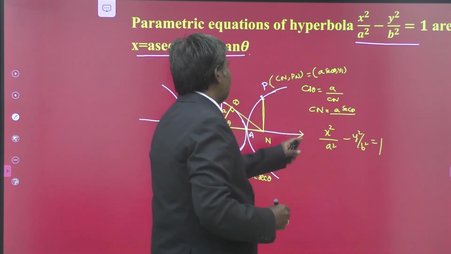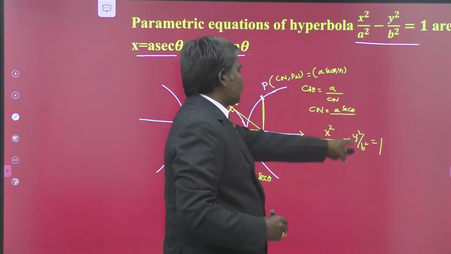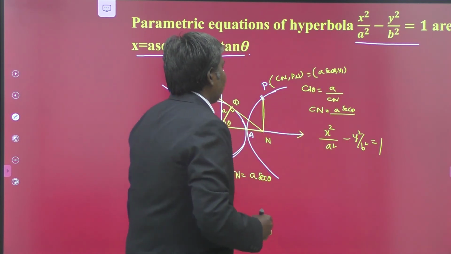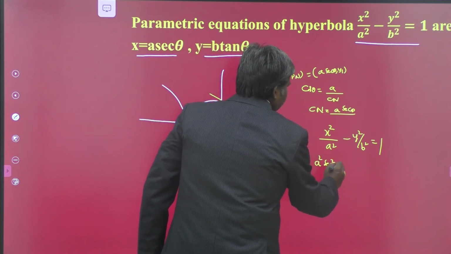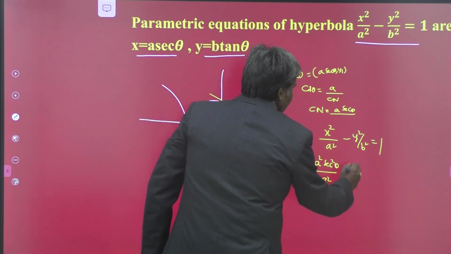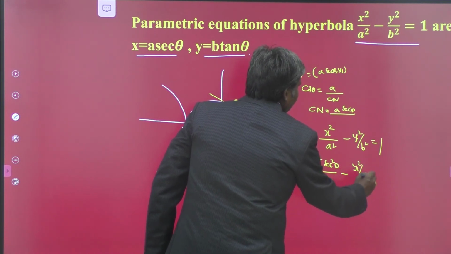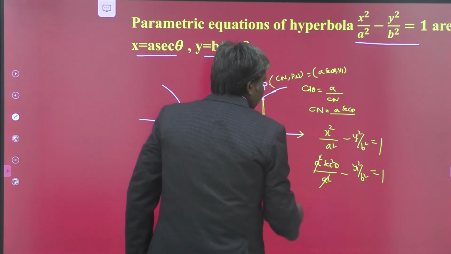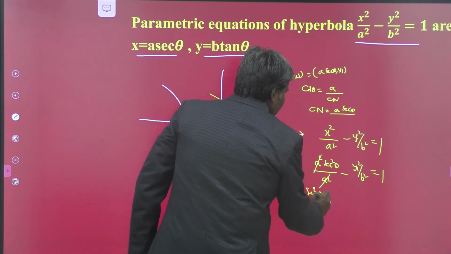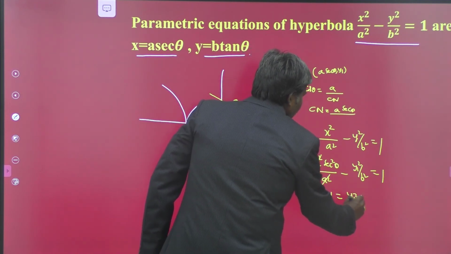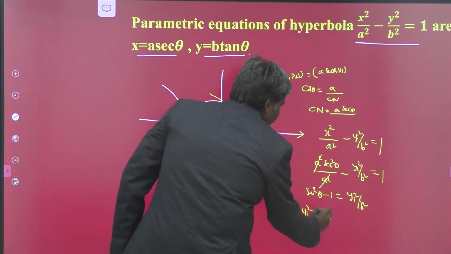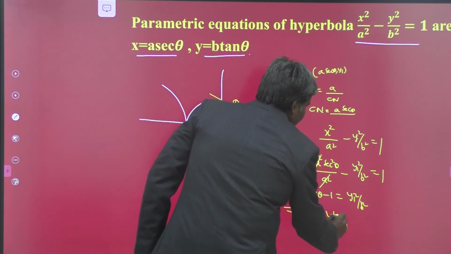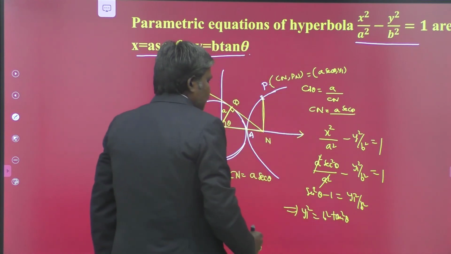On substituting the coordinates a secant theta comma y1 here, we get the value of y1. a square secant square theta by a square minus y1 square by b square is equal to 1. a square gets cancelled. Secant square theta minus 1 equals y1 square by b square, which implies y1 square equals b square times tan square theta, because secant square theta minus 1 is tan square theta.